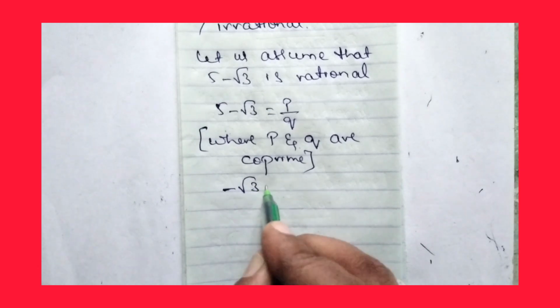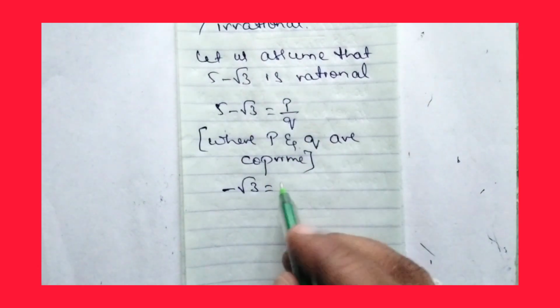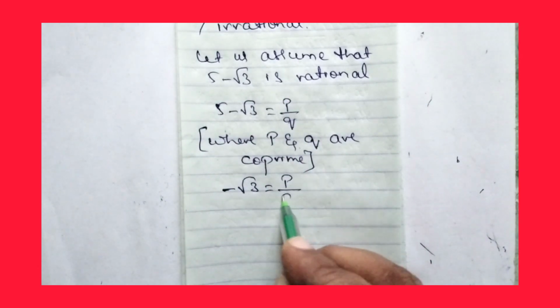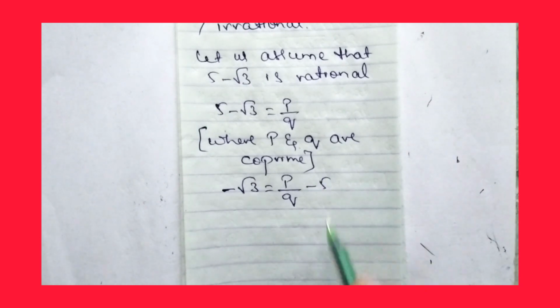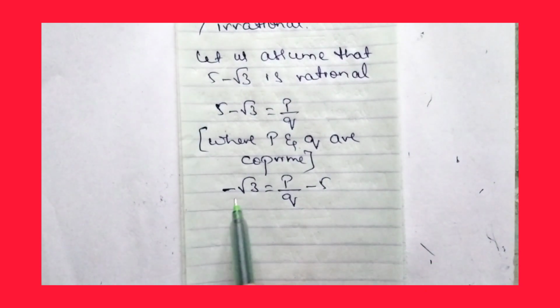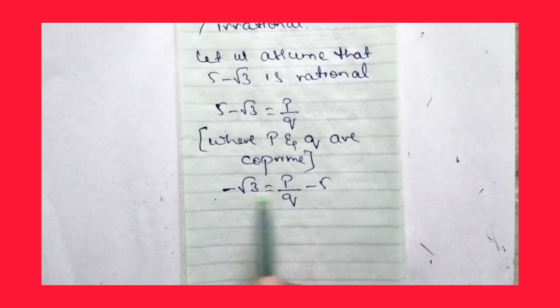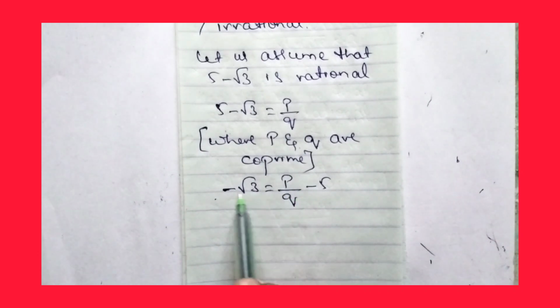Minus root 3 is equal to, you shift plus 5 this side, it will become P by Q minus 5. So multiply both sides by minus.